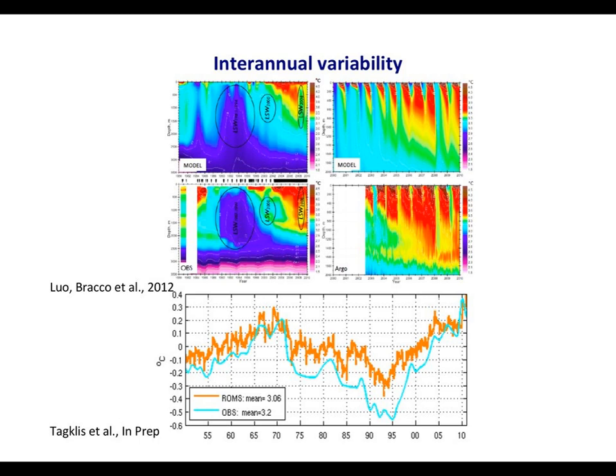And what you see at the bottom is the time series of mean temperature between 150 and 2,000 meters for the model and for the observations from 1950 onward, and that shows how the model reproduces the interannual changes. So this is just to give you an idea of the instruments we have in hand.